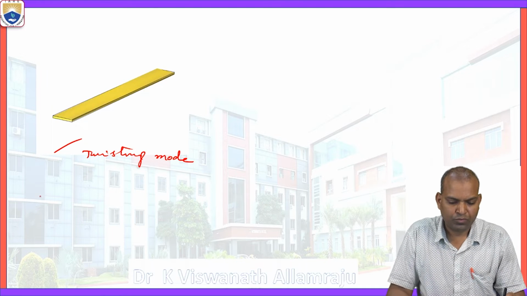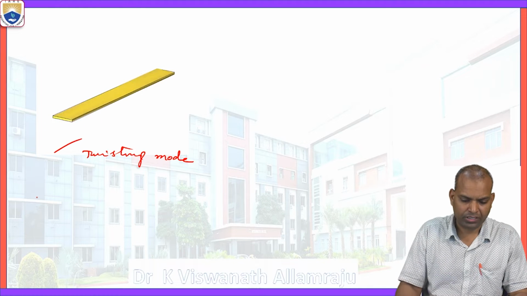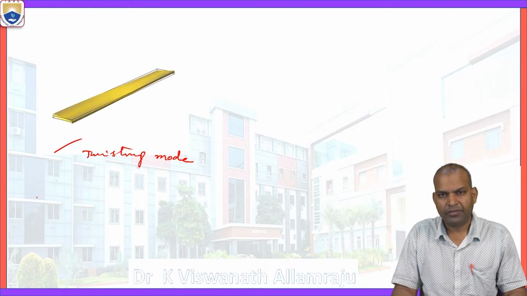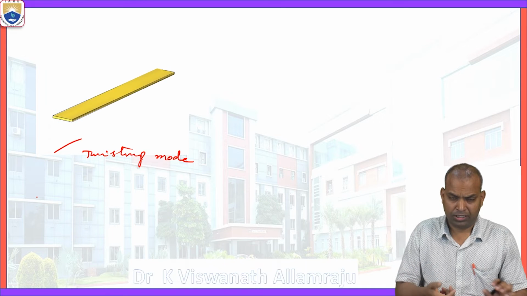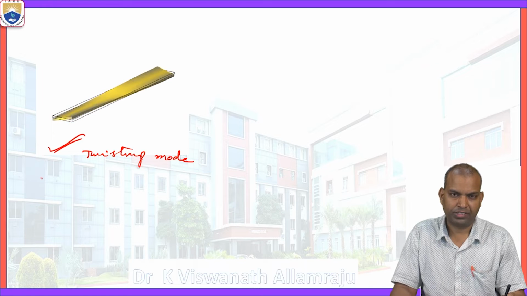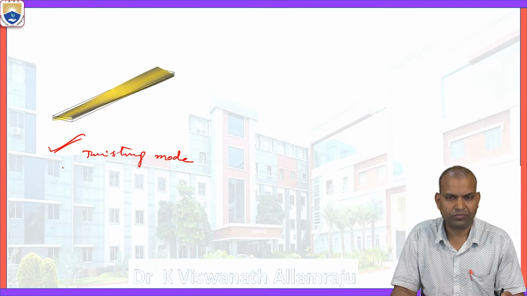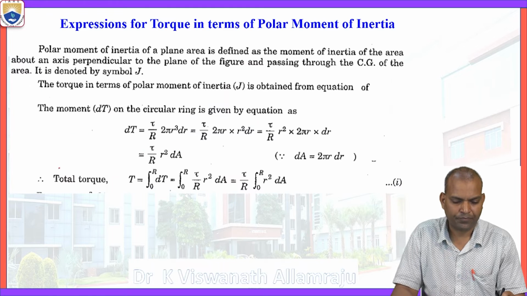Due to this twisting mode, at a certain natural frequency, the material behaves in a twisting mode in this manner. Here also, the shear stresses and shear strains will be developed inside the material.